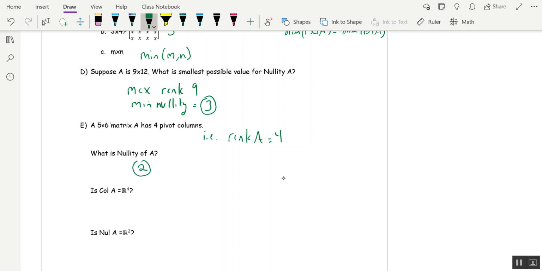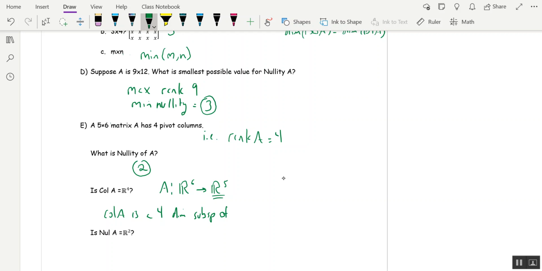Is col A R4? So this requires a little bit of thought. We have to think about where A is going from and to. A is 5 by 6, so A maps R6 to R5. Col A has dimension 4, so it is a 4-dimensional subspace of, where does col A live?